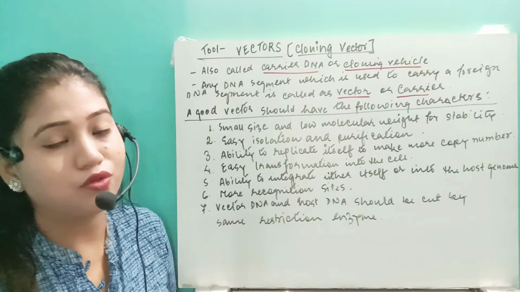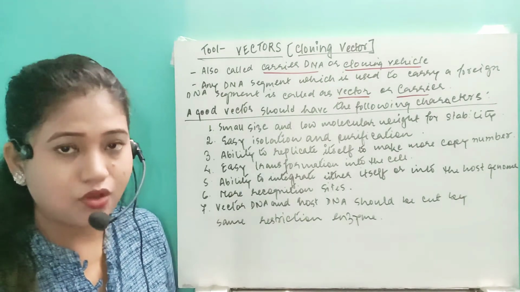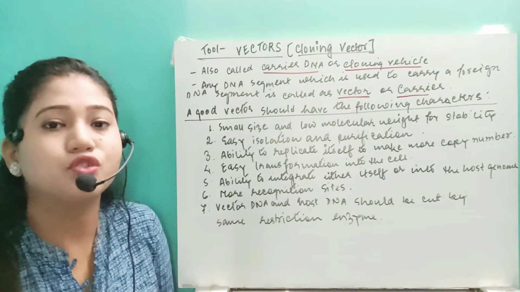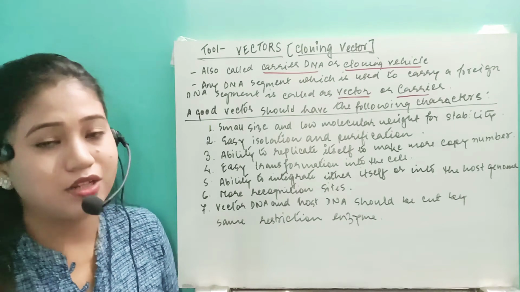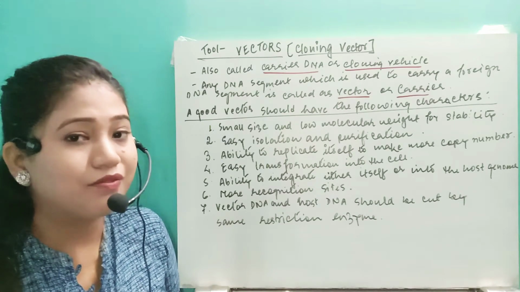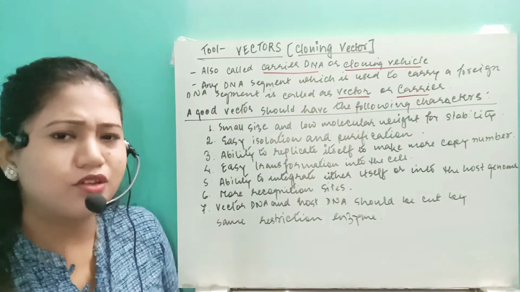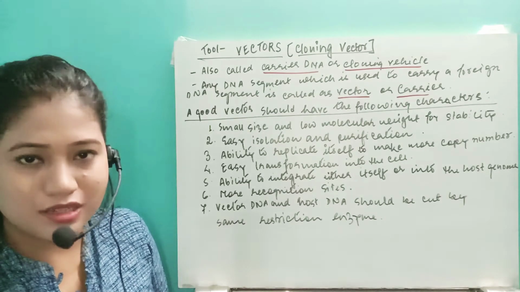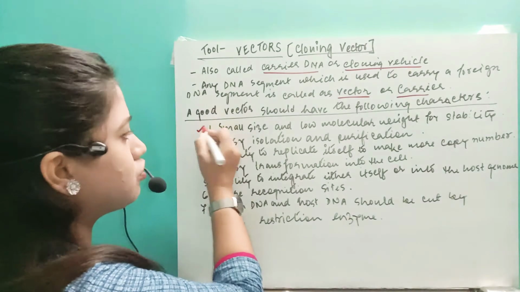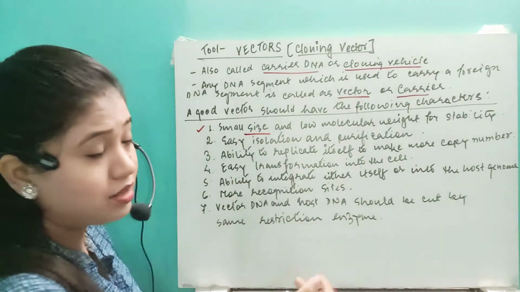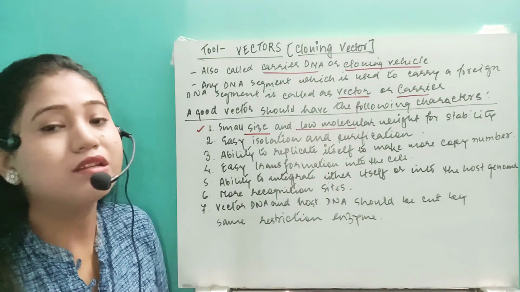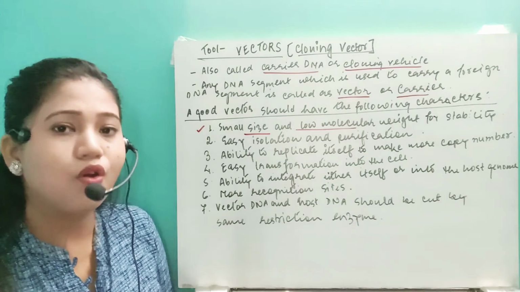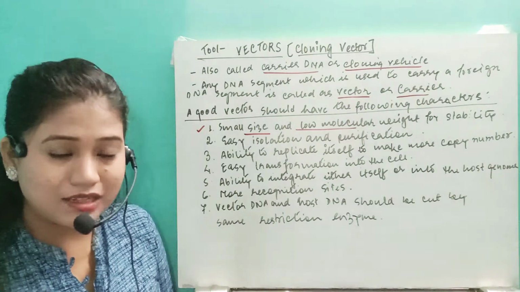Before that, we need to know the characteristics of the vectors. What characteristics should be present in a circular DNA so that we can consider it a vector? The vector should be very small in size, with low molecular weight, so that it can have enhanced stability.